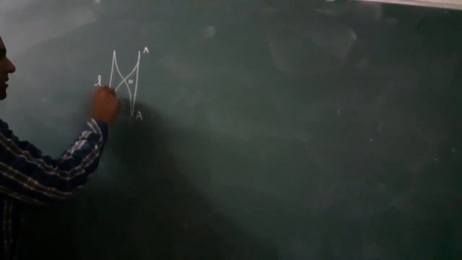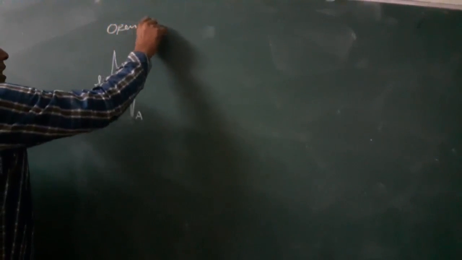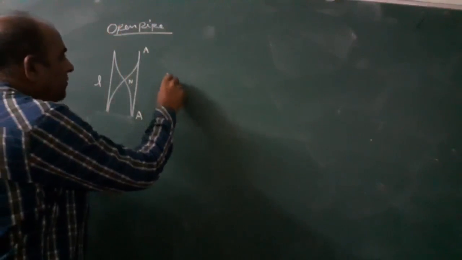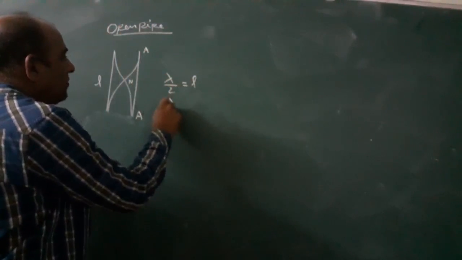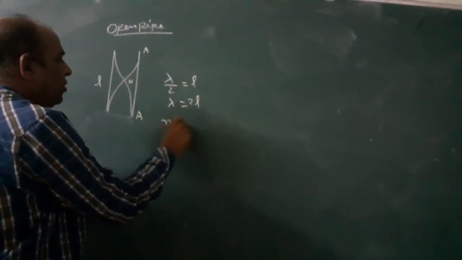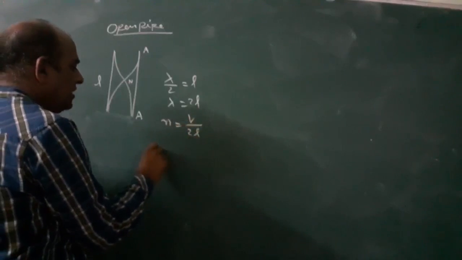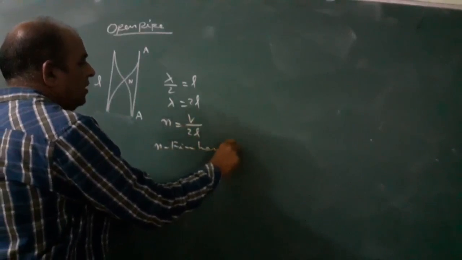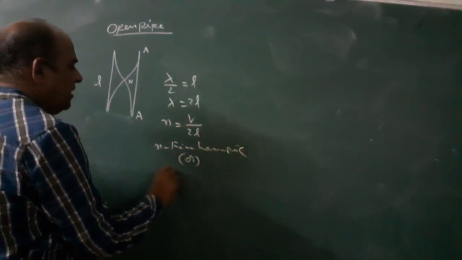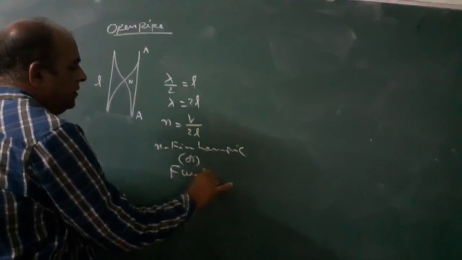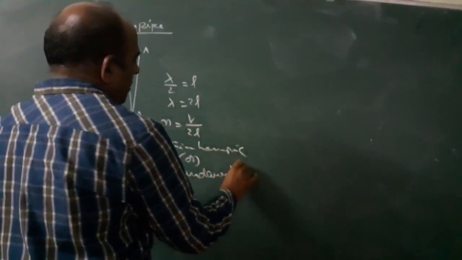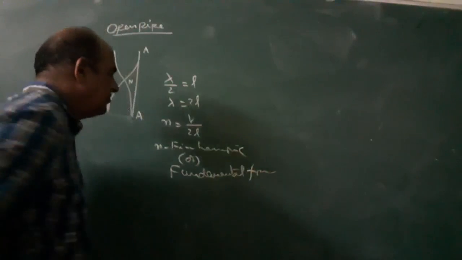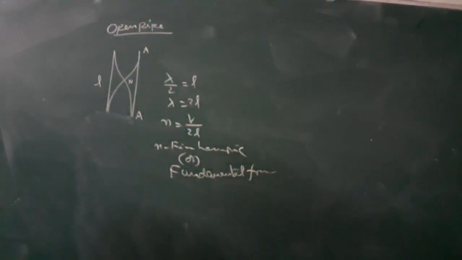The length of the pipe is L. Therefore, lambda by 2 is equal to L, lambda is equal to 2L, and n is equal to v by 2L. This n is the first harmonic or fundamental frequency.